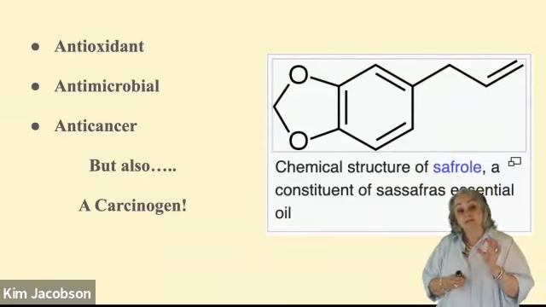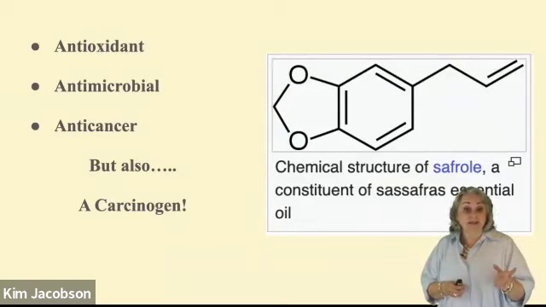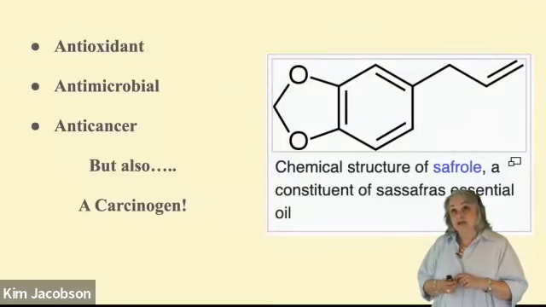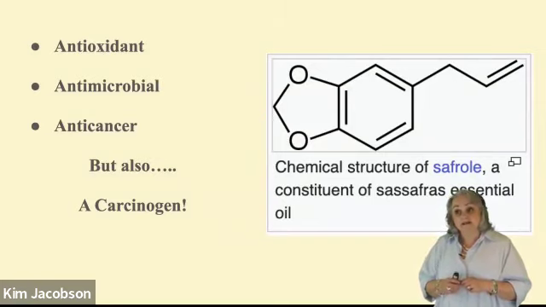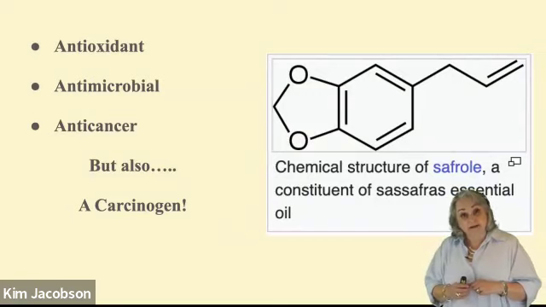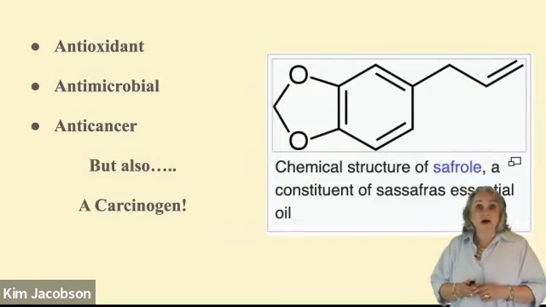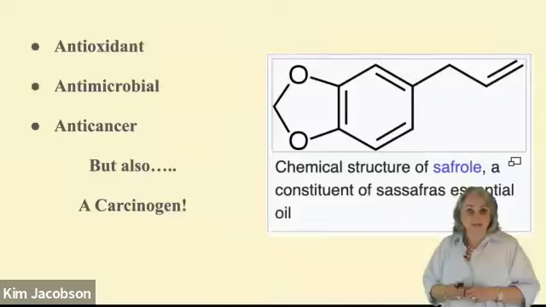It does have some activity against laboratory cell lines, cancer cell lines. It is, however, also a carcinogen. And the laboratory experiments in the 1960s identified that it causes hepatocellular cancer in lab rats. And at that point, there was a significant concern around the use of sassafras.